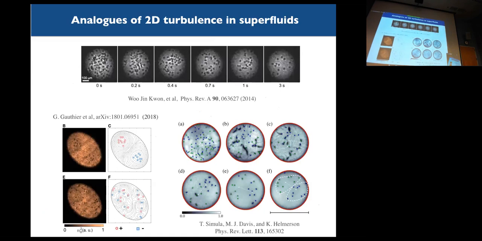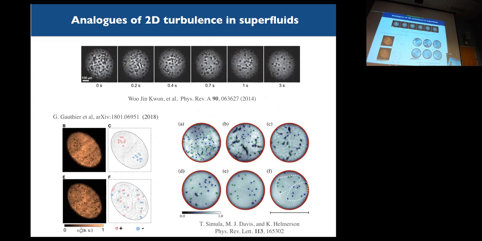Now, in more recent years, there's been quite a lot of developments in ultra-cold atomic gases, particularly atomic BECs. We now have these systems that are very large and oblate, so we can study the dynamics of many quantized vortices in a 2-dimensional framework.